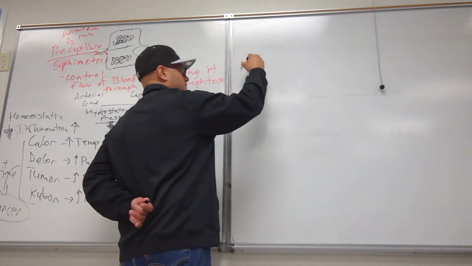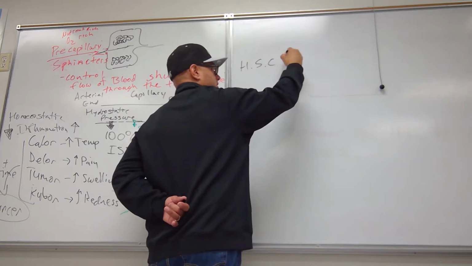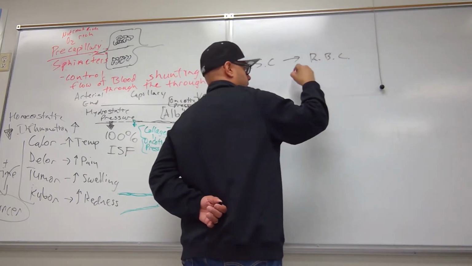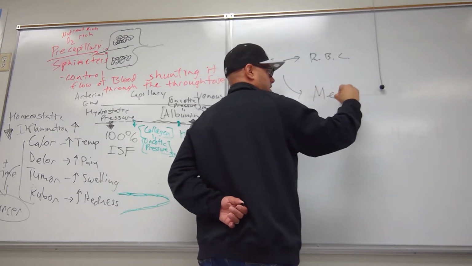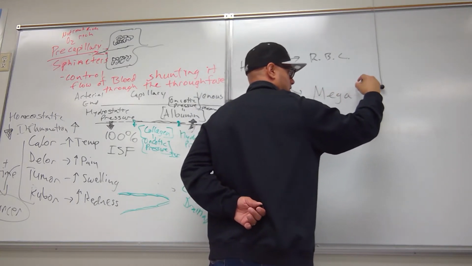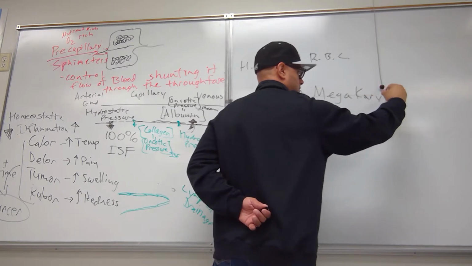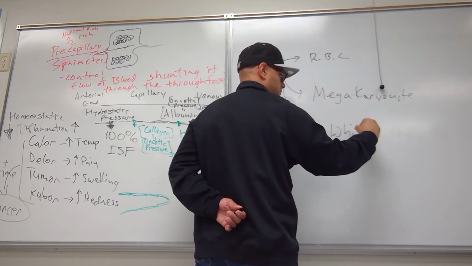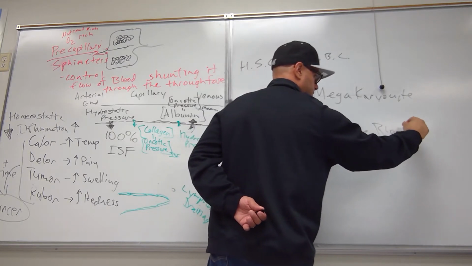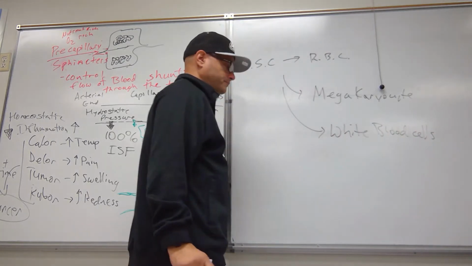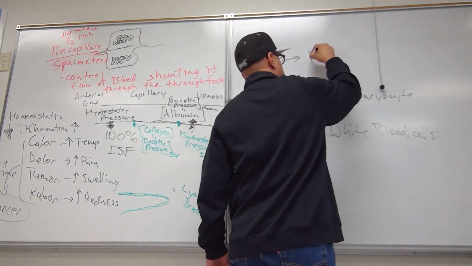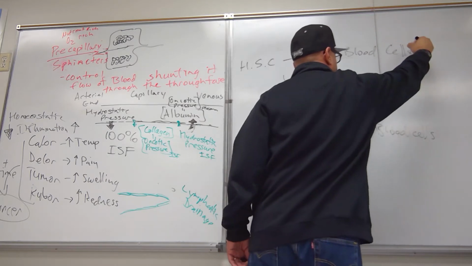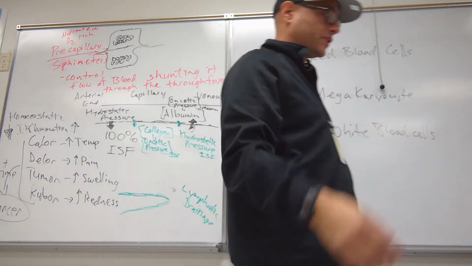So let's go on. The hematopoietic stem cell, guys, gives rise to the red blood cell, to the megakaryocyte, and to the white blood cells. Now, for the red blood cells, I'll never ask you guys about all the different cells and their maturity.